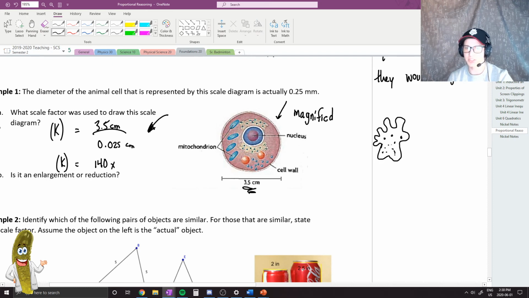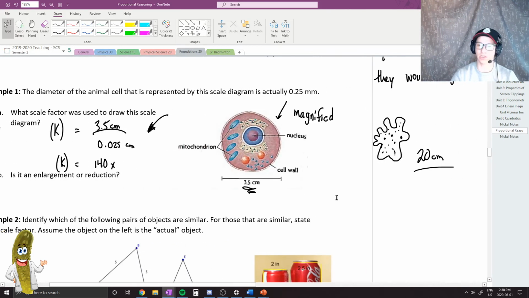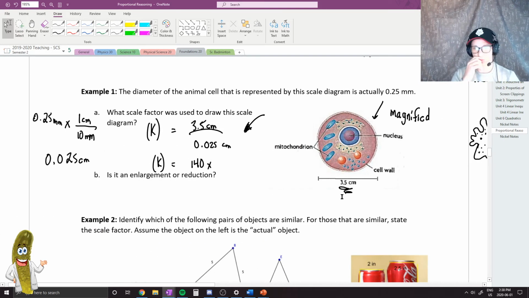But we did some research and found out that amoebas can grow up to 20 centimeters in size. Most of the way that they kill you is usually in the ocean. They will sneak in through your ear or through another hole on your face, and they will start to eat your brain. That is one of the ways that an amoeba can kill you. So I just thought that was kind of interesting.